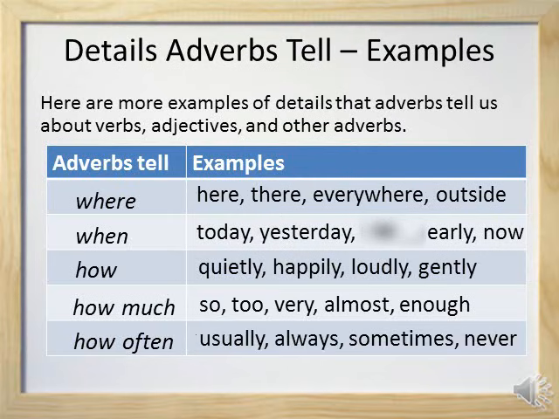How often? Usually, always, sometimes, and never are all adverbs that tell us how often something occurs. Remember, these are only examples. There are hundreds of other adverbs that tell where, when, how much, and how often. These will just help you understand when you see adverbs that describe these details.